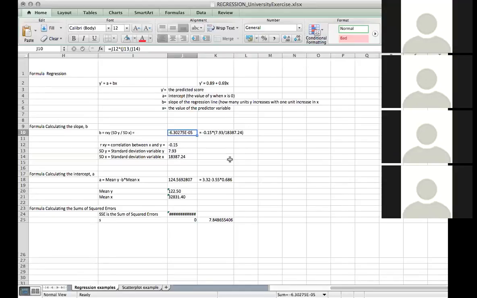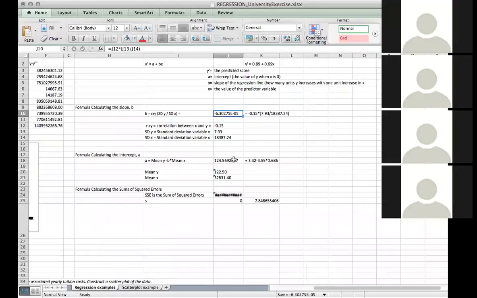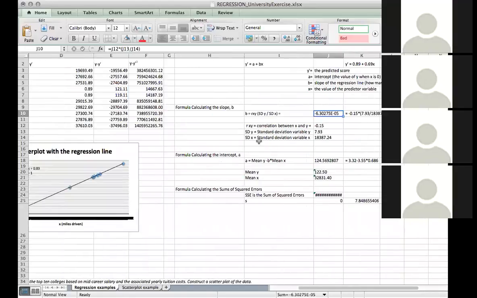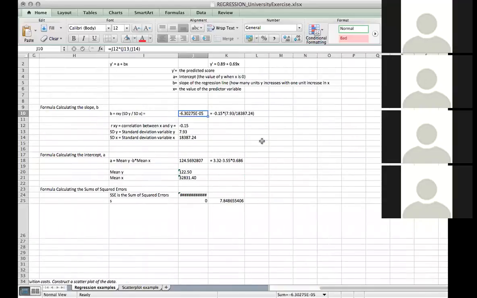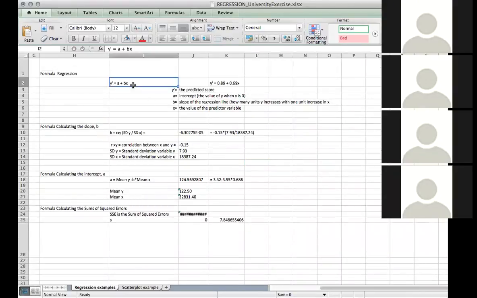Okay. So now what we're going to do is predict. The formula for the regression is this. It's Y hat, or Y with this little sign here.